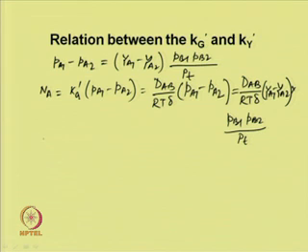And we know that Na is equal to Ky dash into Ya1 minus Ya2.